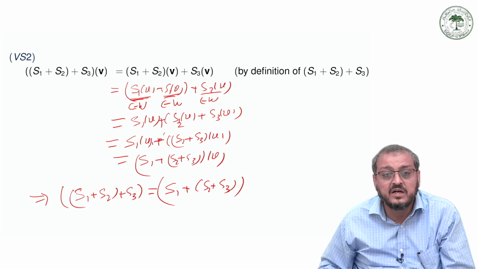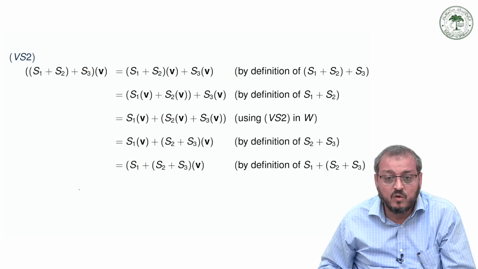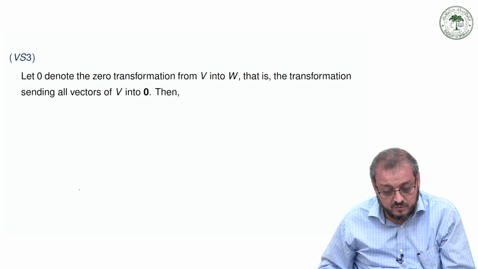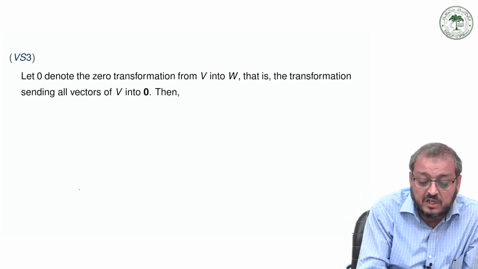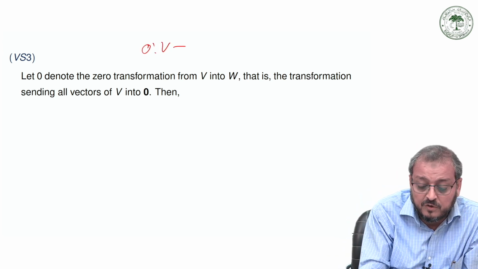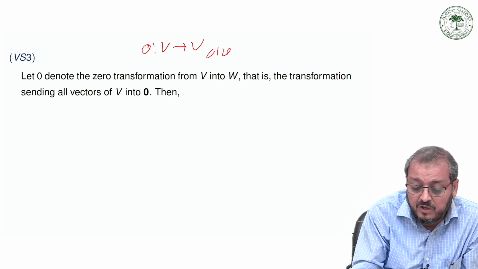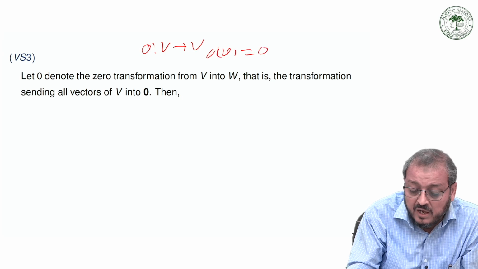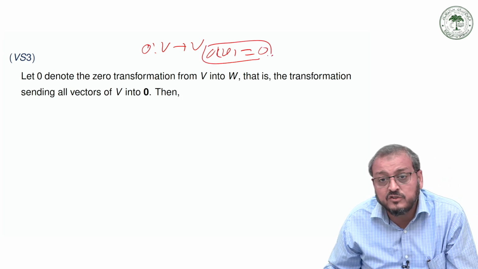Now we have to show that there exists some linear transformation which acts as the zero. Now we take a zero transformation. If we take a 0 from V to W, 0 of V always maps to 0. This is clearly a linear transformation.